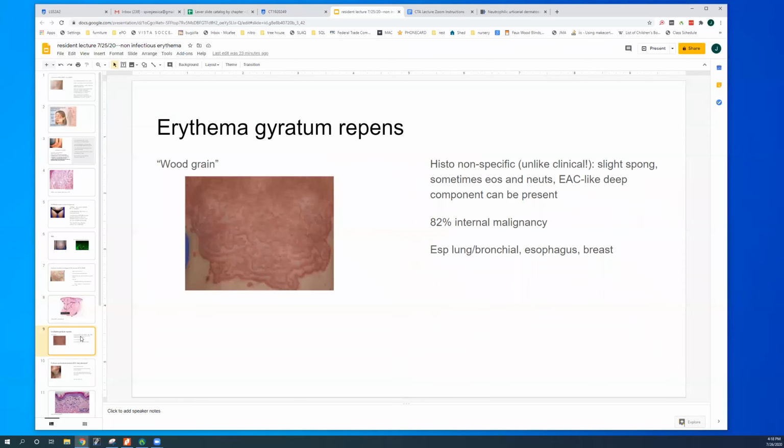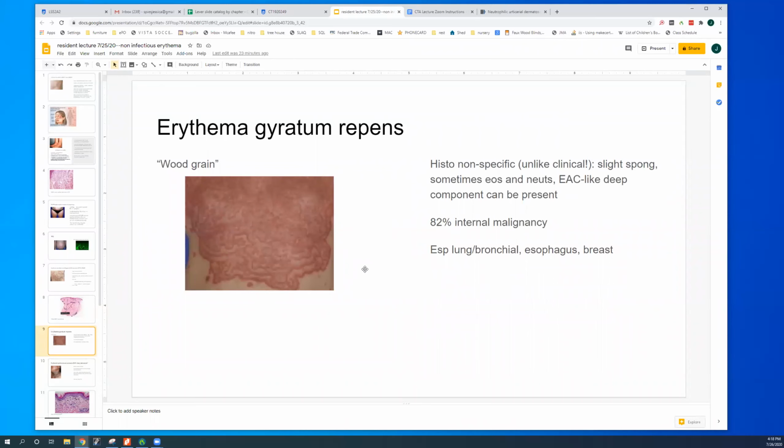Any questions about that? Oh, I don't have a slide for erythema gyratum repens, but I had to put, just for fun, an example of the clinical, and it has this wood grain appearance. This is also, I think of it as a gyrate erythema. The histology is not as specific as EAC, unlike the clinical, which is a lot more striking.